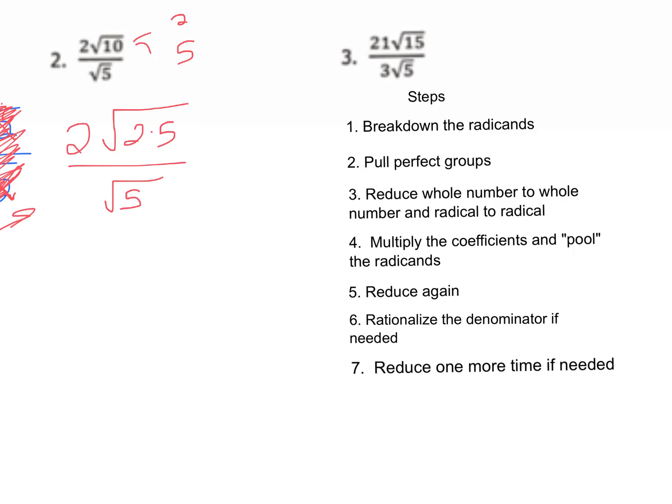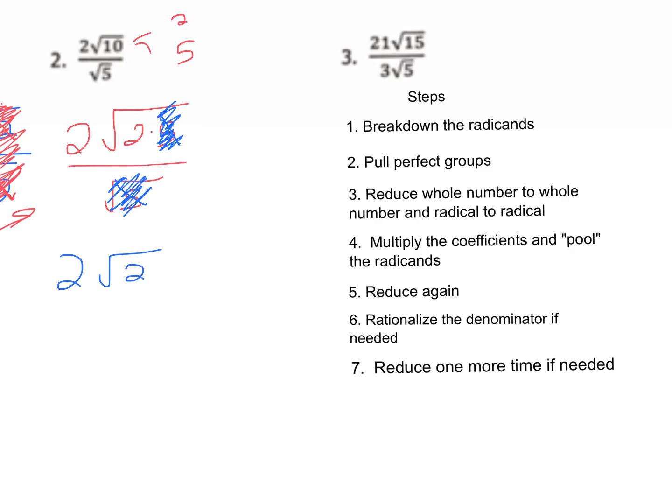Well, no perfect groups in the top, no perfect groups in the bottom. Reduce whole numbers to whole numbers and radicals to radicals. Well, whole numbers aren't reducing, but I can take out some radicals. So, there's nothing left in the bottom, and I just have radical 2 on the top now. So I have 2 radical 2 over 1, or just 2 rad 2.